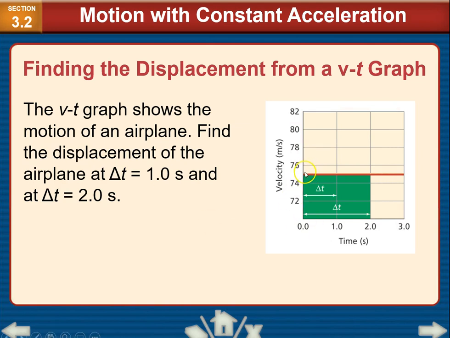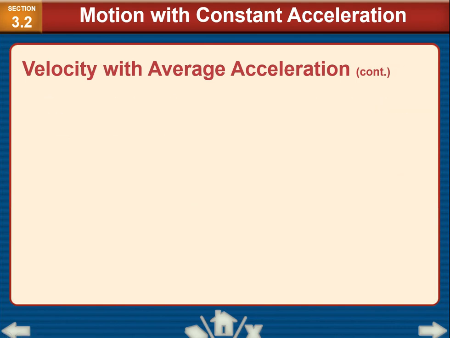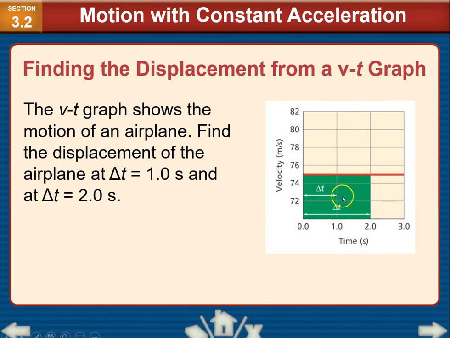Now notice, this has a constant velocity. So in your head you should think, okay, constant velocity, zero acceleration. However, we're going to find the displacement at t equals 1 second and t equals 2 seconds. To do this, we know our velocity, and the displacement is the area under the curve.